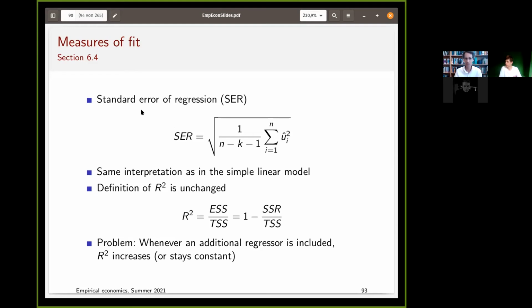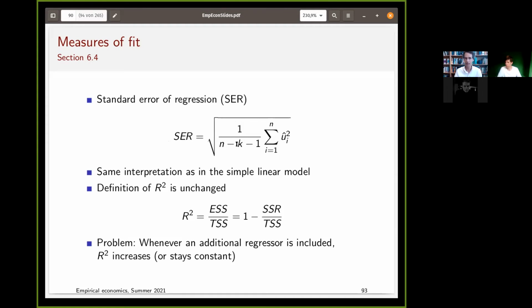And the definition of the standard error of regression in case of multiple regressors is very close to the one for a single regressor. So if you go back to last week, we have seen that the standard error of regression is defined as the square root of 1 over n minus 2 times the sum of the squared residuals if we have only one regressor, while here we have n minus k minus 1 rather than n minus 2.